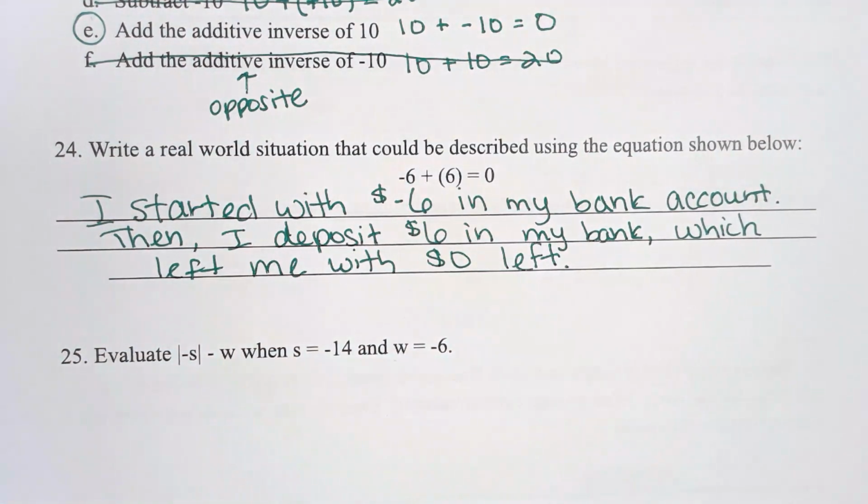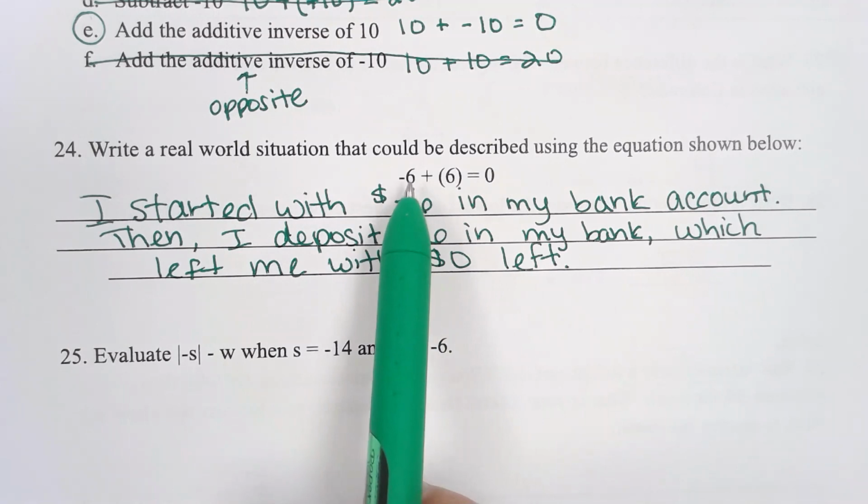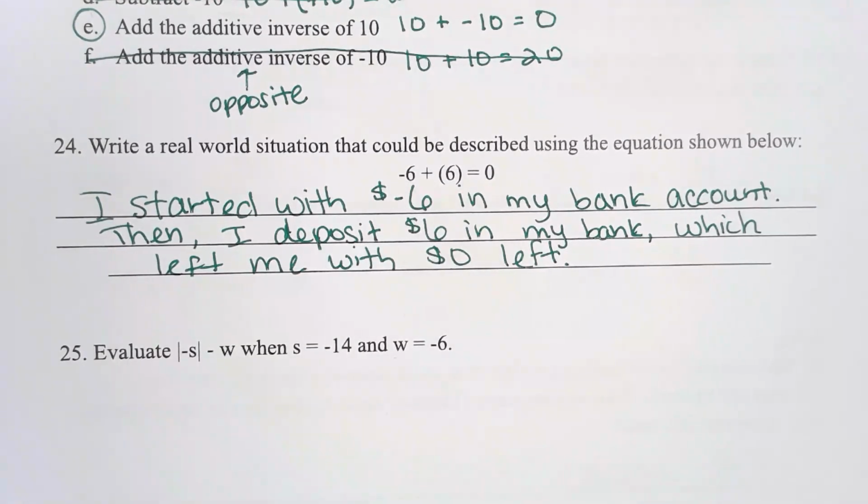So again, you can think of any situation that makes sense. It has to be a real world situation that would describe a negative value plus a positive value. Again, money just makes the most sense, so probably just stick with money in this case.